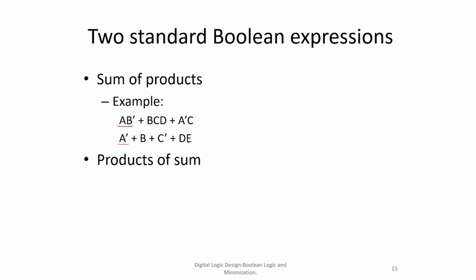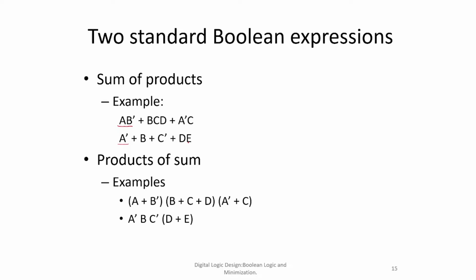The other form of standard expression is called product of sum expression. We can take a couple of examples. You will see that a dash plus b dash forms one term, because this is a sum of two literals. Similarly, this is a sum of three literals, so this will form one term, and if we take the product of these sums, it is called product of sum.